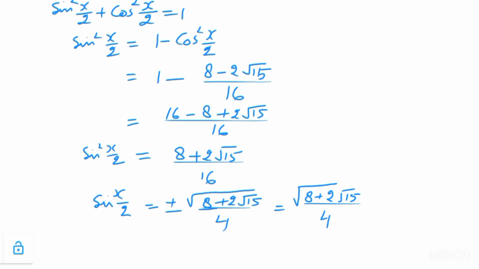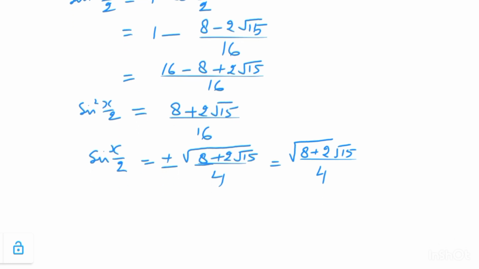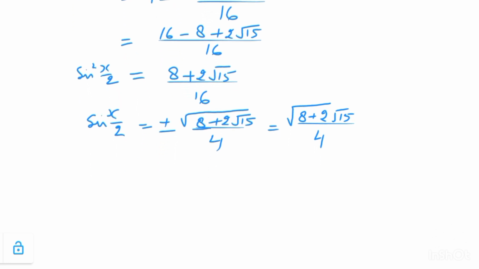Now from this value we will find out the value of tan x by 2. So tan x by 2 is equal to sin x by 2 divided by cos x by 2.